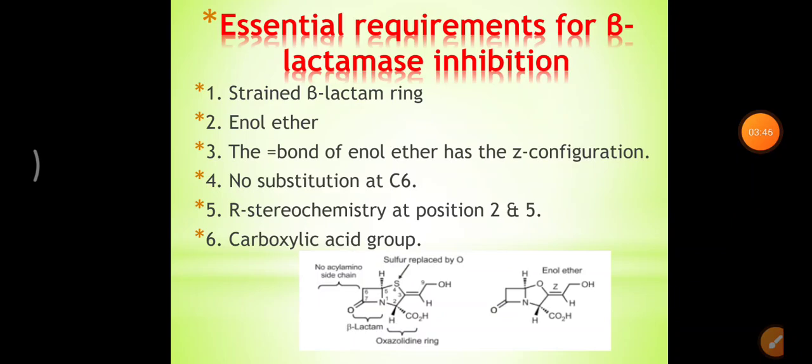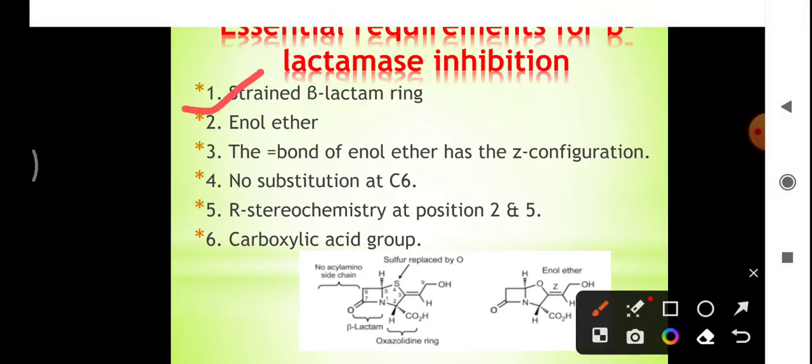Now, what are the essential requirements for beta-lactamase inhibition? The first is the strained beta-lactam ring. It is for the inhibitors which contain the beta-lactam core in their structure. The second is the enol ether. The enol ether is an alkene with an alkoxy substituent.